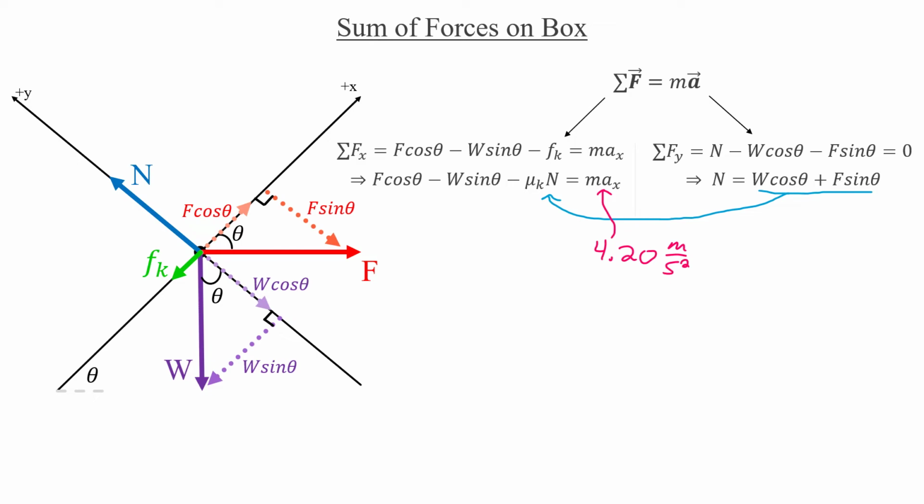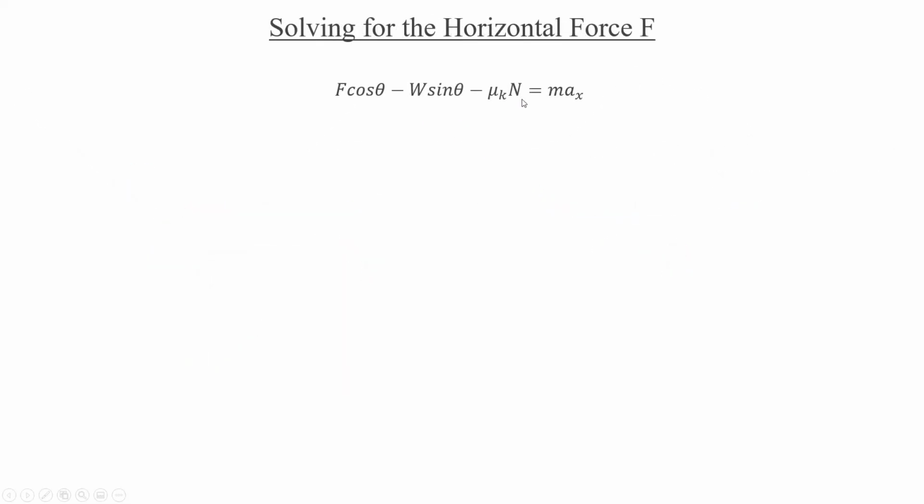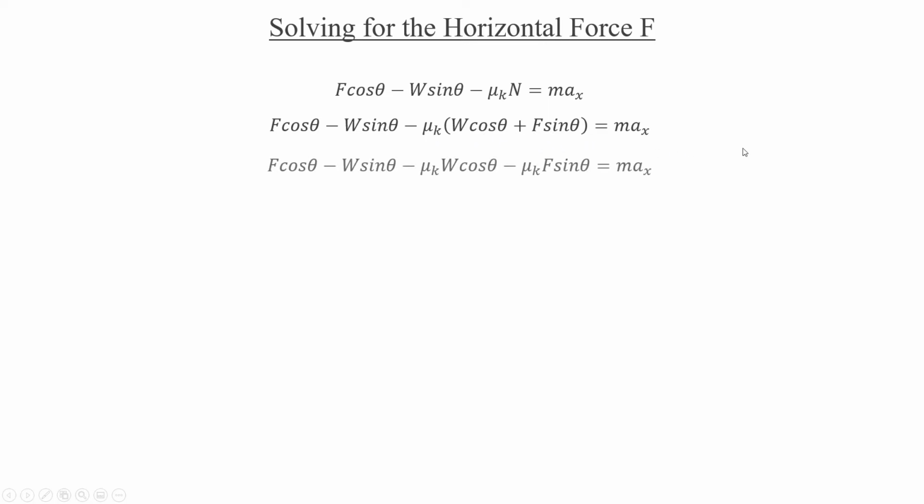And then we'll use all of that info to solve for F. So let's do that on a fresh page, and we'll start from this expression right here. We will exchange the normal force for the one that we got from the sum of forces in the y direction, which is this one. And our next step is to distribute the coefficient of kinetic friction now to what's inside the parentheses, and that will look like this.